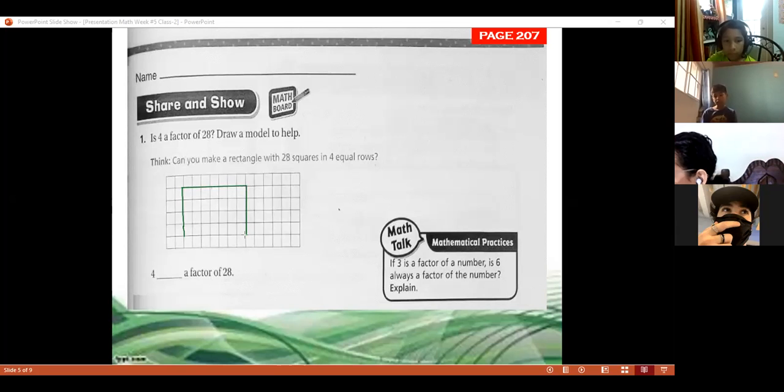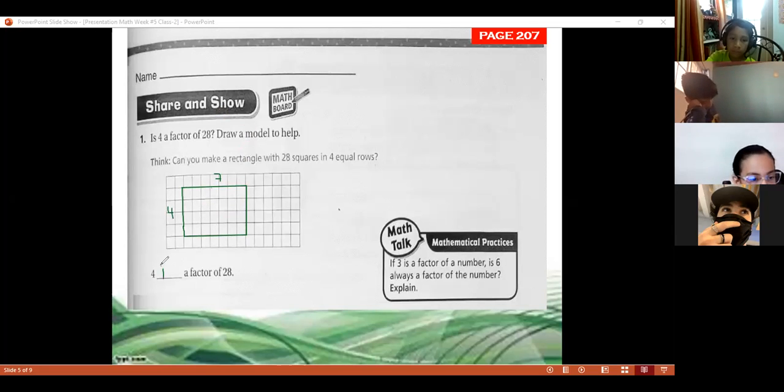We can create a chart here, and we know that here we have 28. I have 4 here and I have 7 here, equal to 28. 4 times 7 is 28. So yes, 4 is a factor of 28. That is the answer, class. With this, we're finished.